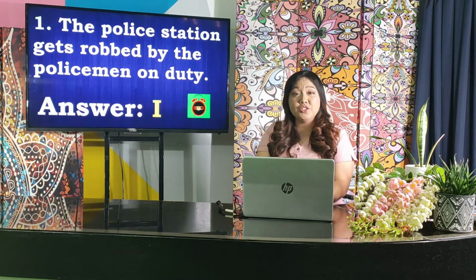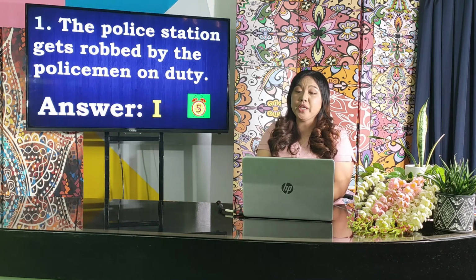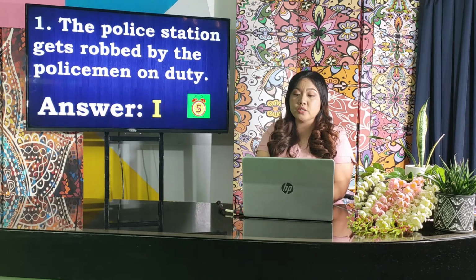The correct answer is irony. It is because we all know that a police station is the office or headquarters of a local police force who are responsible for the prevention and detection of crime. And it is ironic if they are the ones who do such a crime.